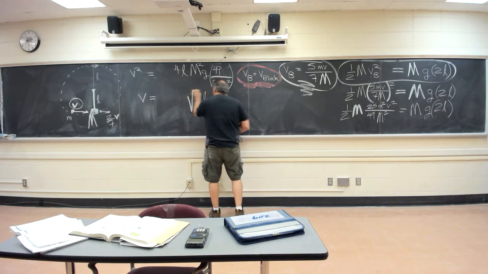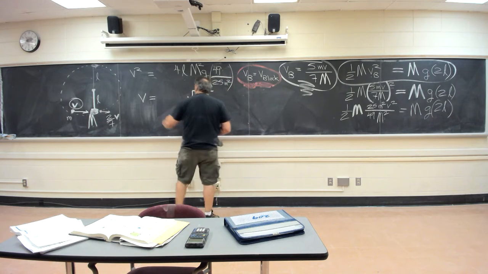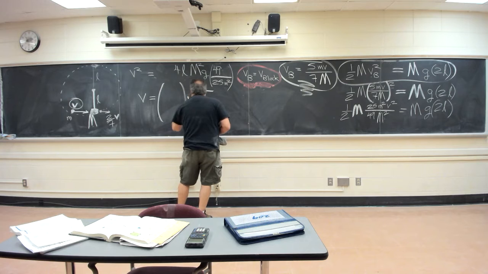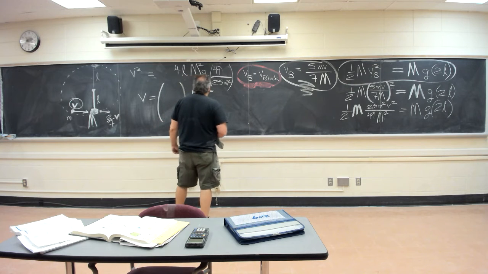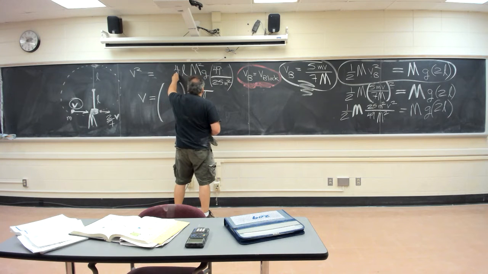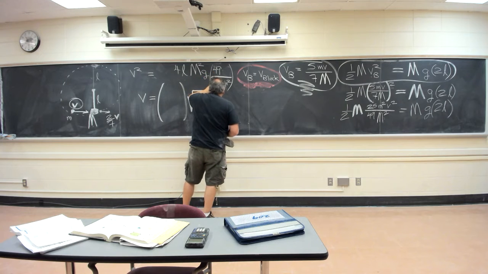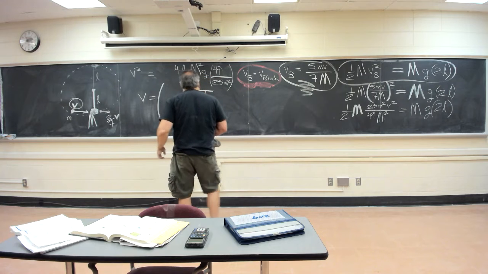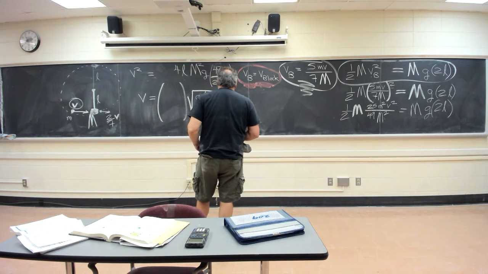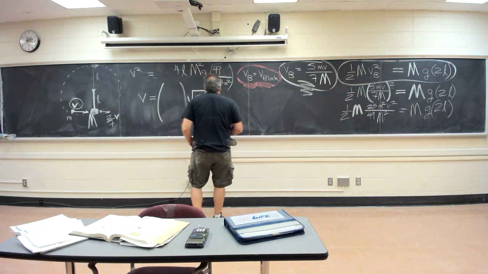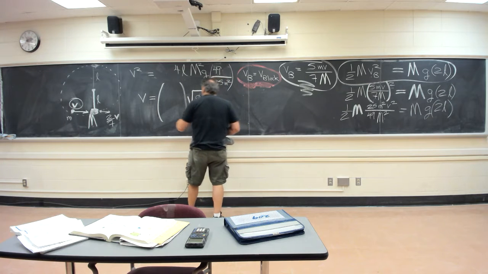GL, square root of 4 is 2. Square root of capital M squared is capital M. Square root of 49 is 7. Square root of 25 is 5. M squared there.